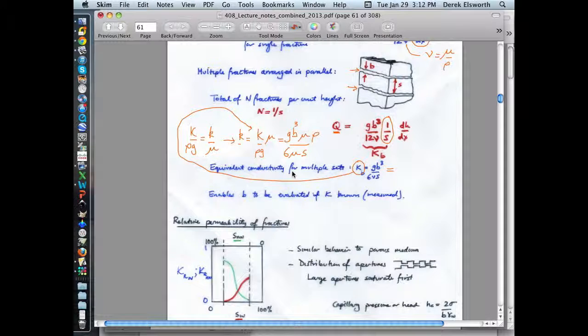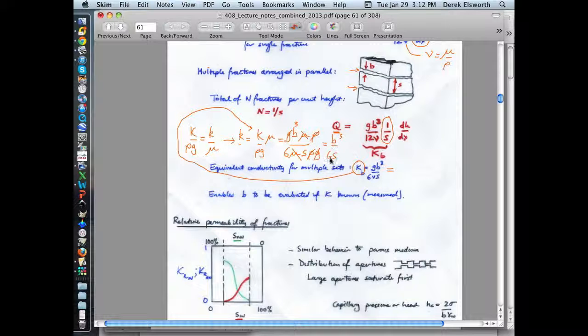Is that going to work out for us? Well, certainly we get rid of these, and I guess we also have to multiply by rho g. So we lose this and we lose this, and miraculously we have permeability as B cubed over 6s. We said 12s.